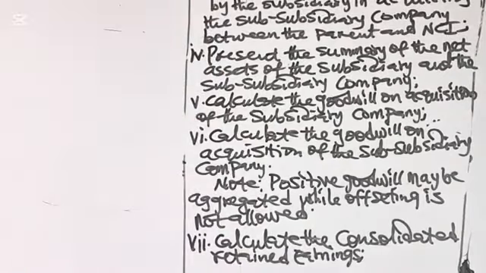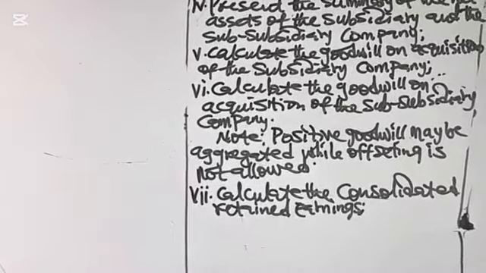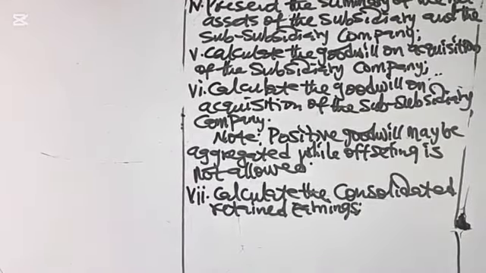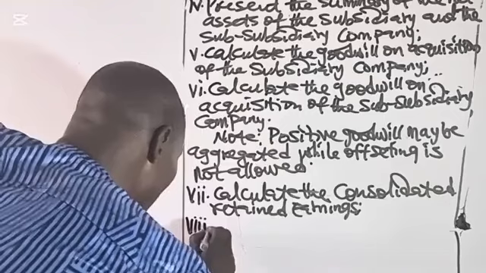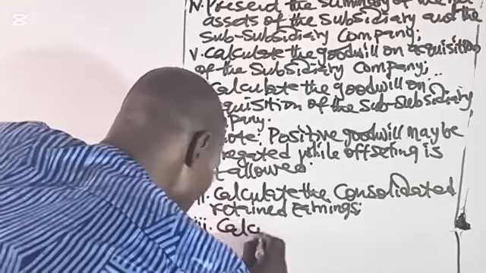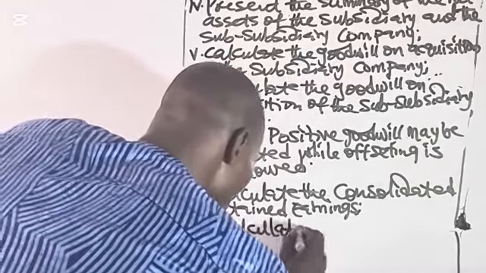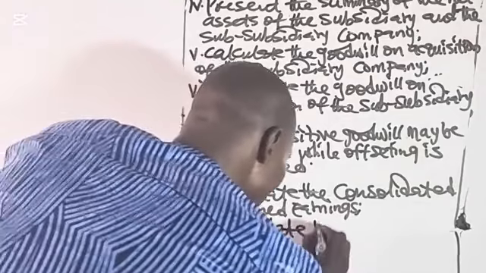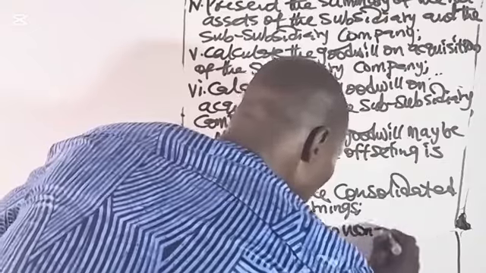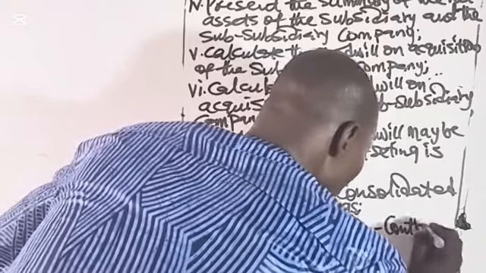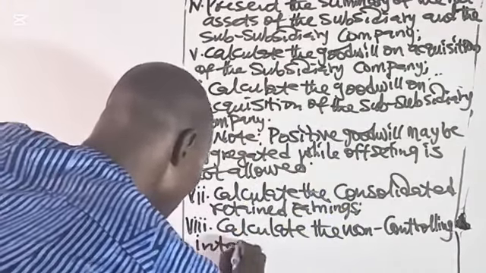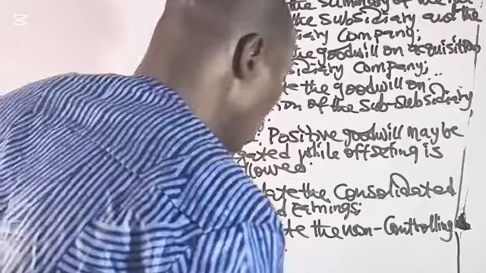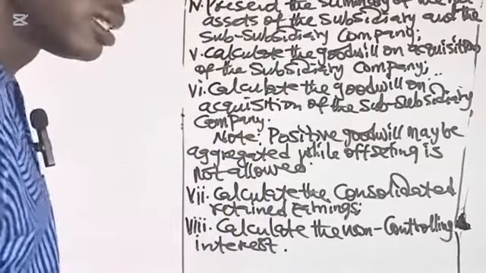Now, step number 8 is to calculate the non-controlling interest that will be included in the consolidated statement of financial position.